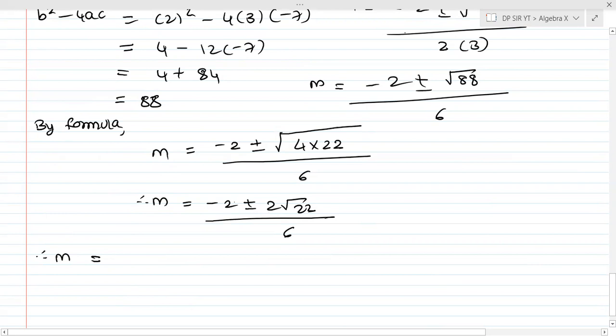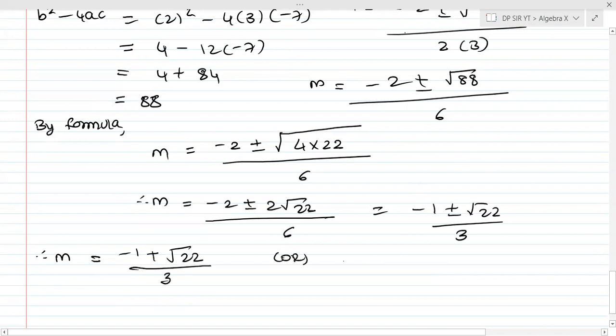now, see here it's going to be -1 plus or minus under root of 22/3, taking 2 common. If you know 2, 2, 22 and 6, so taking out 2 common, you will get this part. So here it's going to be -1 plus or minus, either plus under root of 22/3, or m is equal to -1 minus root 22/3.